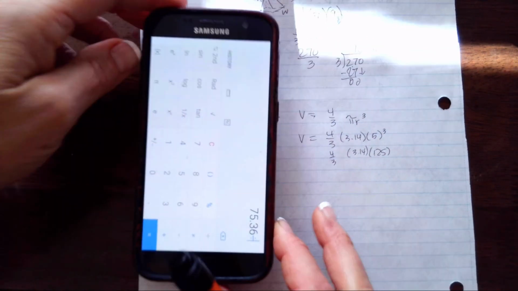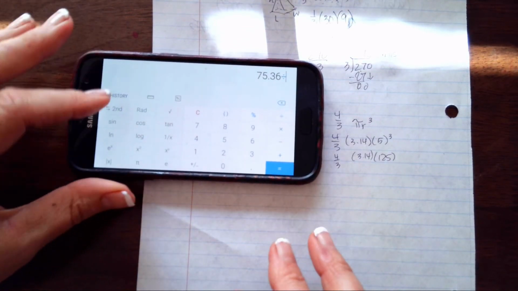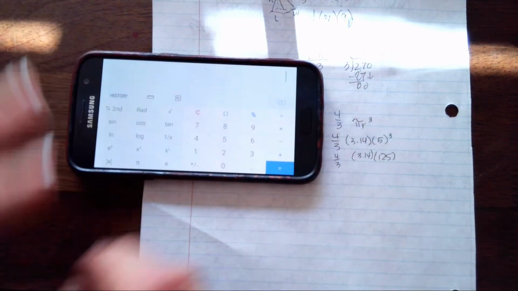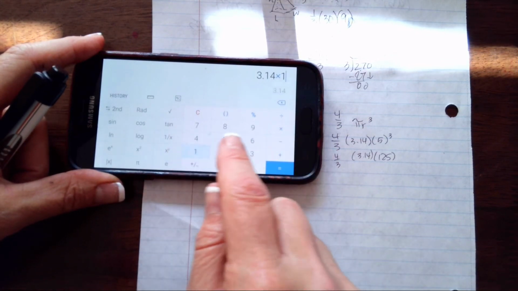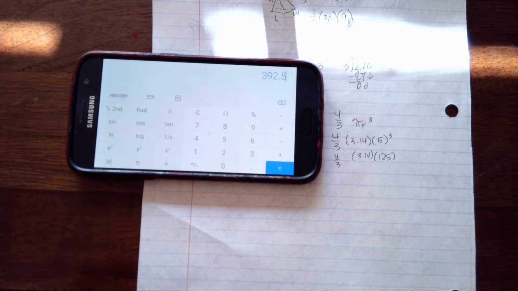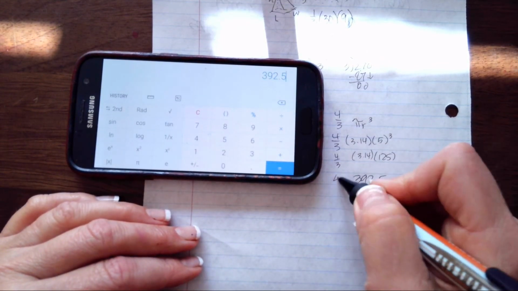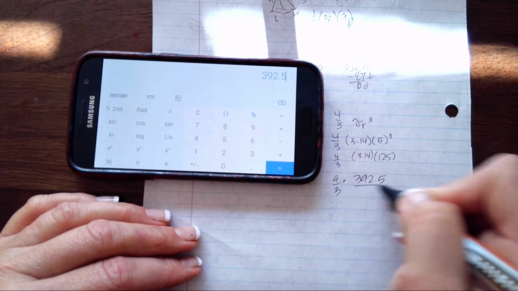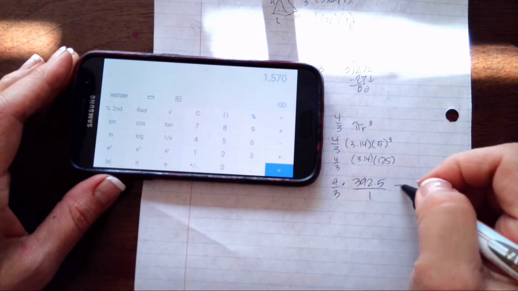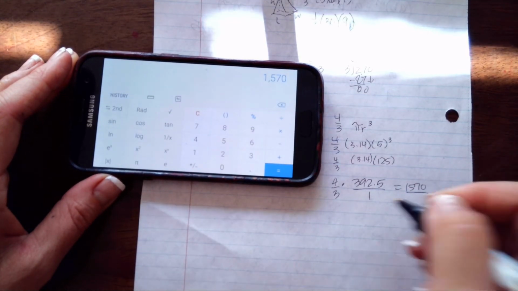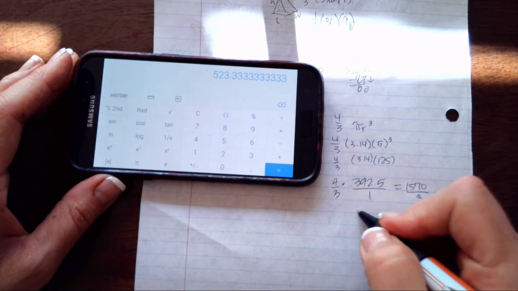We're going to do 3.14 times 125 equals 392.5, and we're going to multiply that by 4, which is 1570. 3 times 1 is 3, so we're going to divide it by 3.